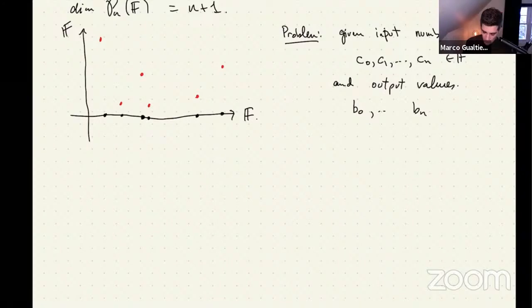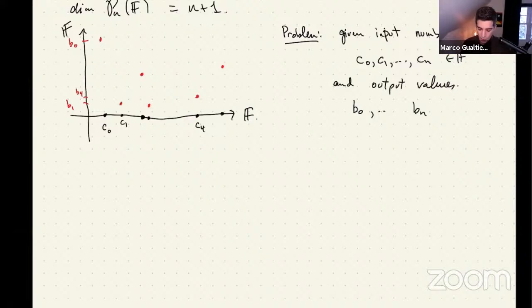In my picture, this is C0, and this value here is B0. This is C1, and this is the value B1. And this is C4, and this is the value B4. What I'm giving you is quintessential data. It's like saying that at these various times, I measured the temperature, and the temperature was given by B0, B1, B2, B3, B4, and B5.